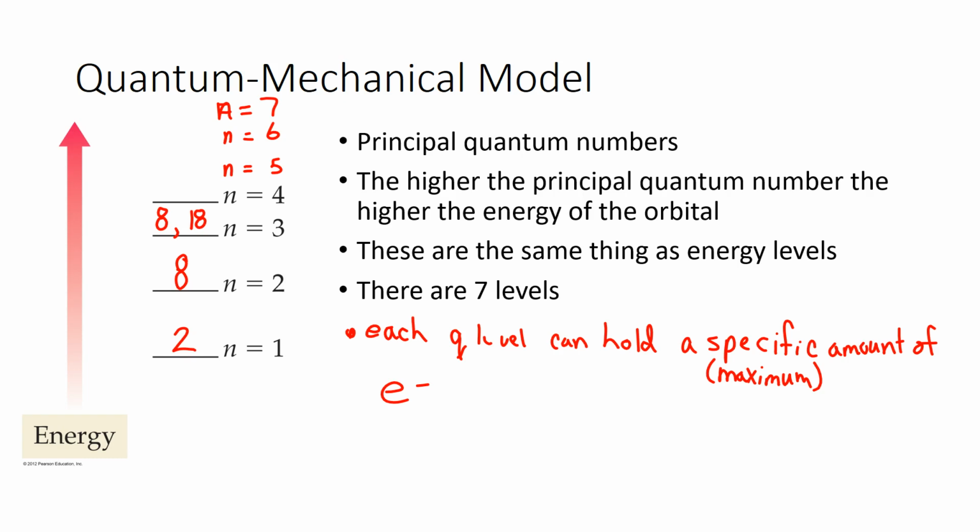So quantum level 4 can have 8, 18, or actually 32. So those are kind of the fill points, 8, 18, and 32. N5 is exactly the same as N4.